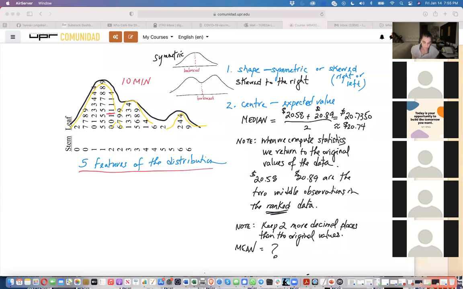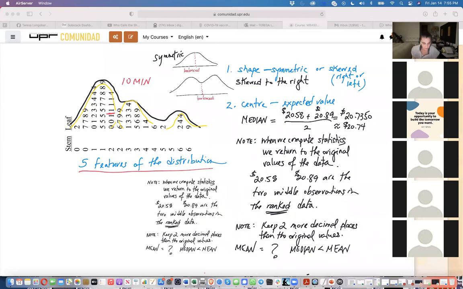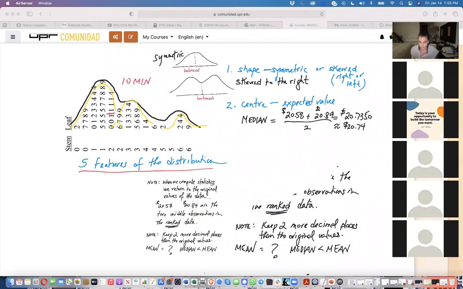Should the median be less than the mean? Yes, that will always be the case. I'm going to shrink all of this. I'll get you the number tomorrow because I don't want to spend time punching that in. So it is the case that the median should be a smaller number than the mean.